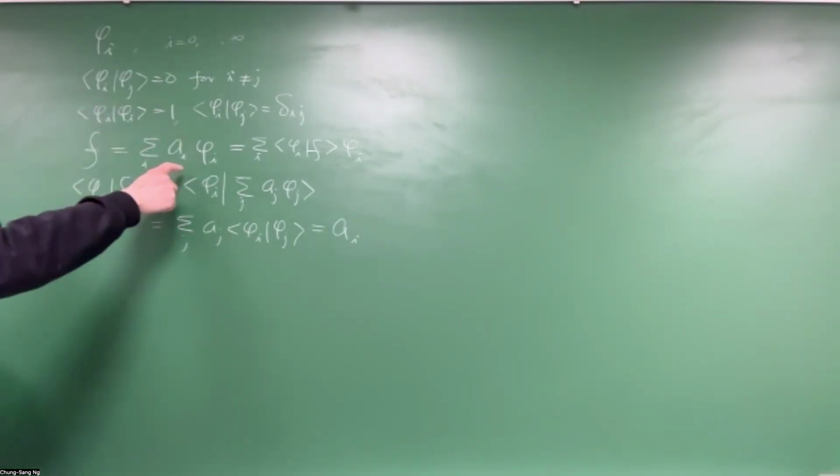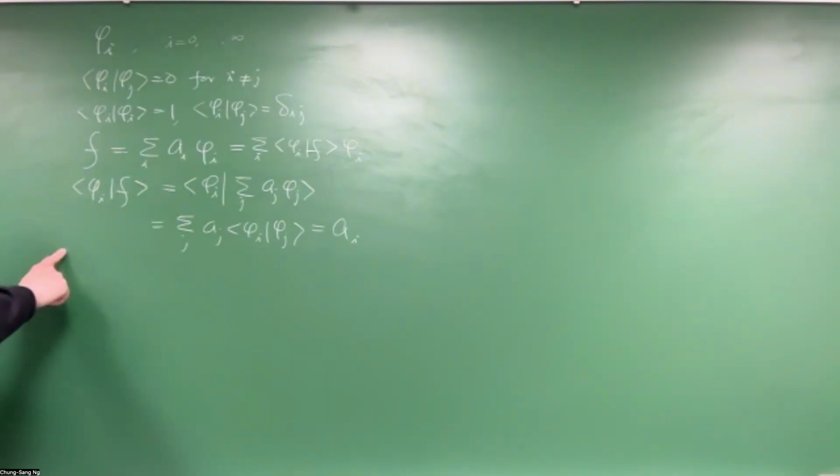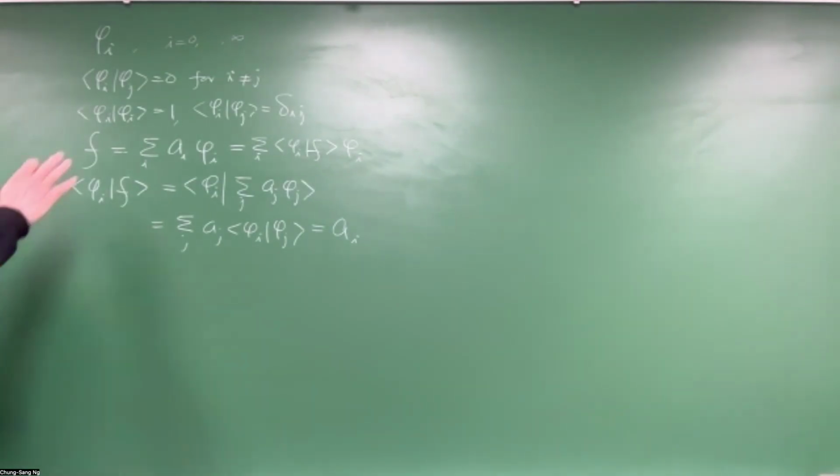Then you just basically represent the function using your set of coefficients and use that to do calculations like the scalar product.